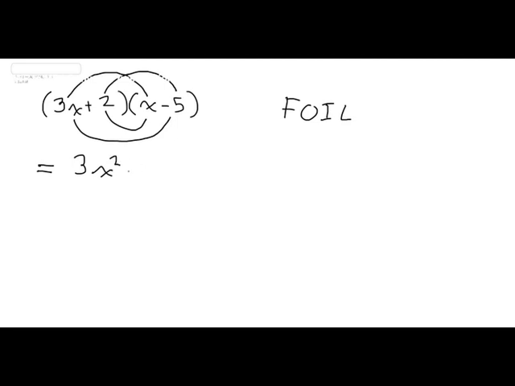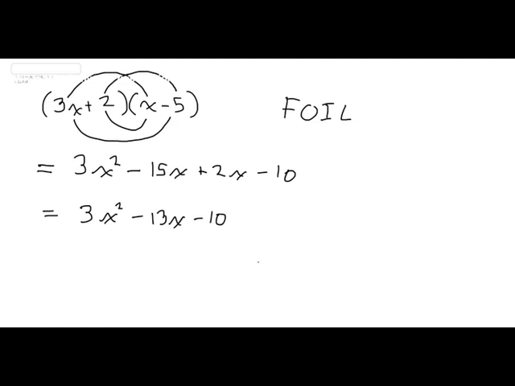Our outer terms is going to give us negative 15x. Our inner terms, positive 2x, and our last terms, negative 10. So putting this all together now, what we're going to have is 3x squared minus 13x minus 10.